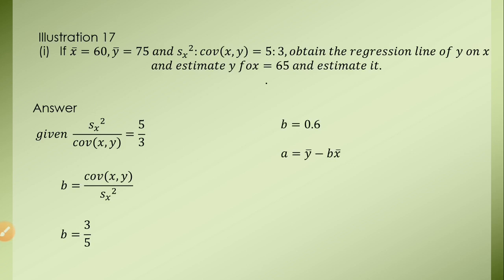Now coming to a. What's the formula for a? It's y bar minus b x bar. Y bar is 75, b is 0.6, x bar is 60. So a is equal to 75 minus 36, that is 39. Now you have to estimate y for x equal to 65.